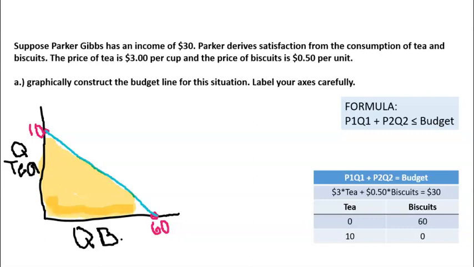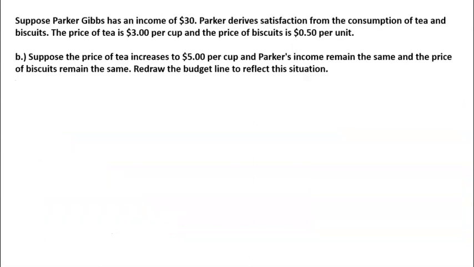Okay? So let's take a look at another problem. So we are looking at the same scenario, but let's just suppose the price of tea increased to $5 a cup instead of the $3. So this problem is saying his income has remained the same and the price of biscuits has remained the same.